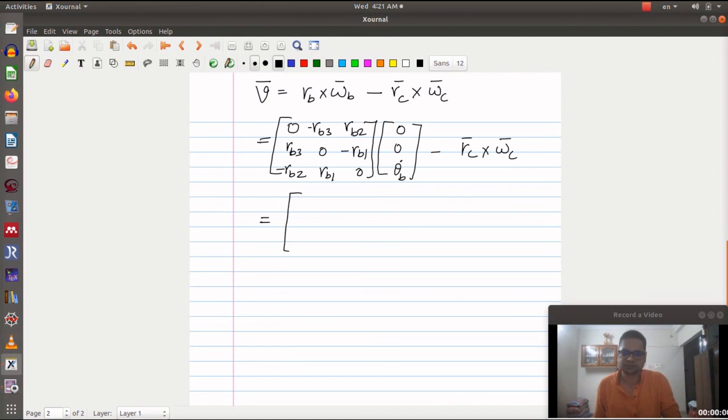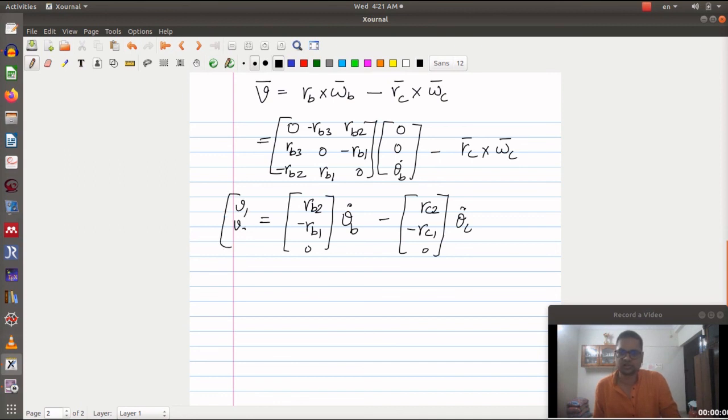So here what you get ultimately is RB2, minus RB1, 0 times theta B dot. Same thing here, RC2, minus RC1, 0 and theta C dot.